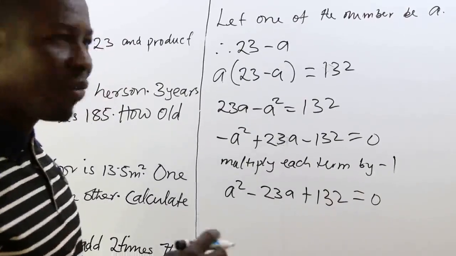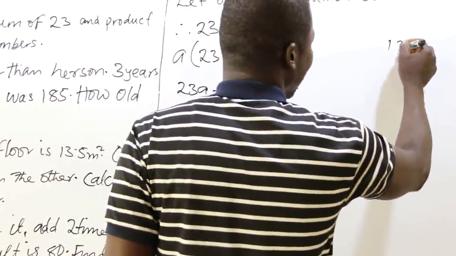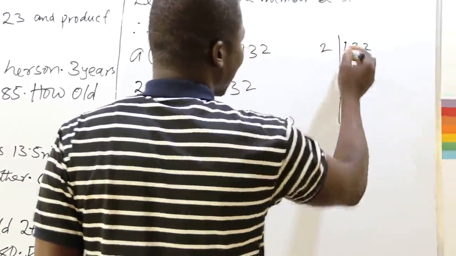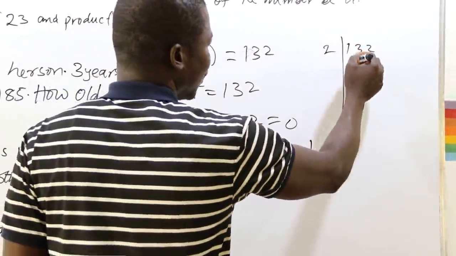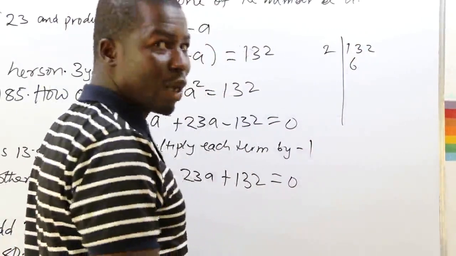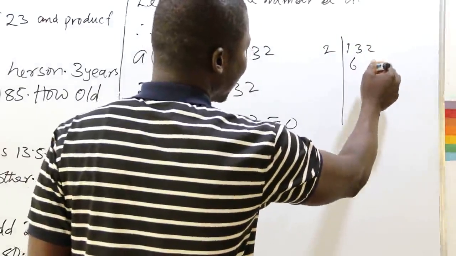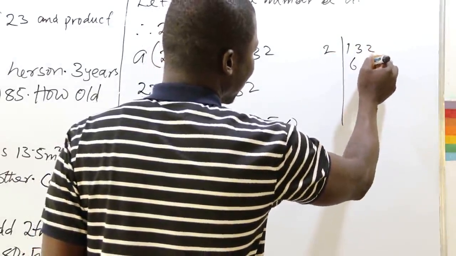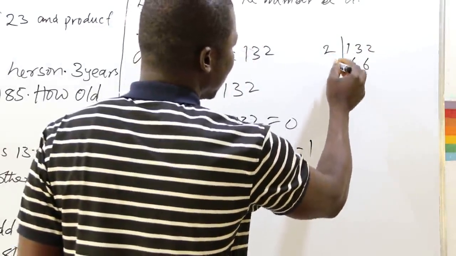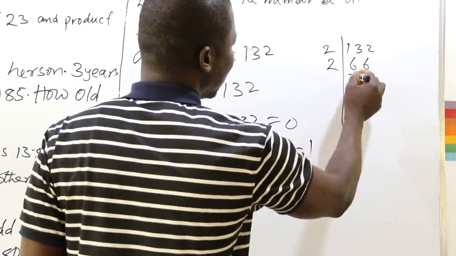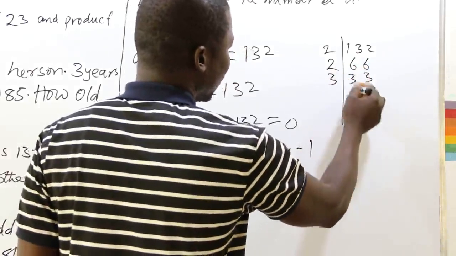Try to bring out the factors of 132. 2 into 13 will go 6 times, remainder 1. 2 into 12 will go 6. 2 into 6 will go 3 times. 3 into 3 is 1.